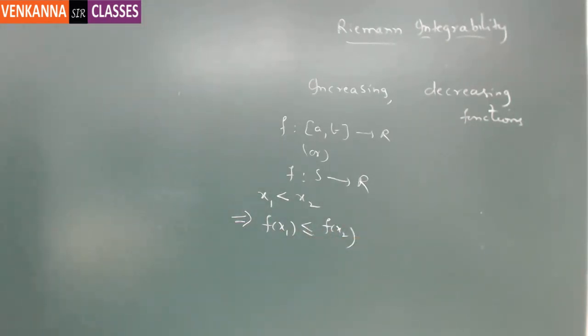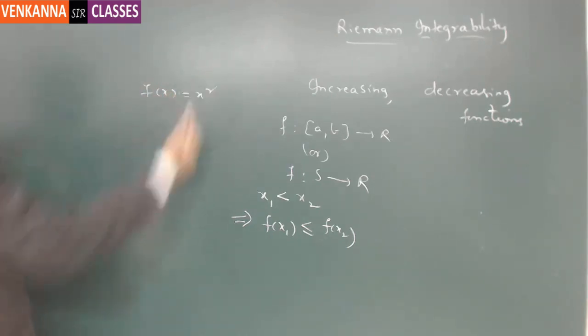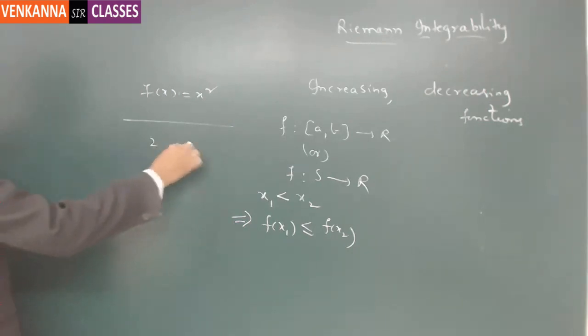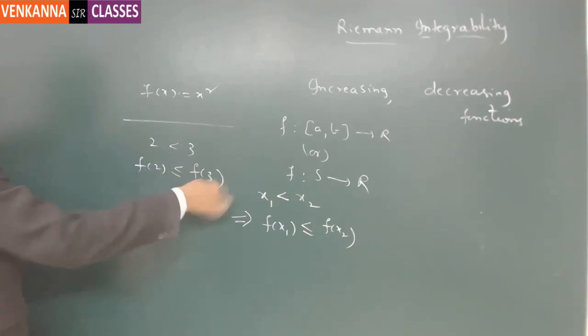We call it an increasing function, or you can say monotonically increasing. A simple example is f of x equals x square on the number line. Whenever you take 2 less than 3, f of 2 is less than or equal to f of 3. Agreed?